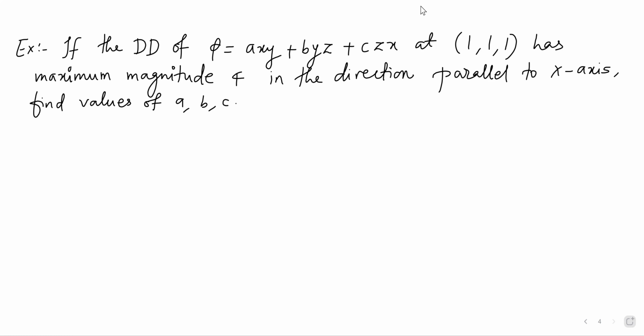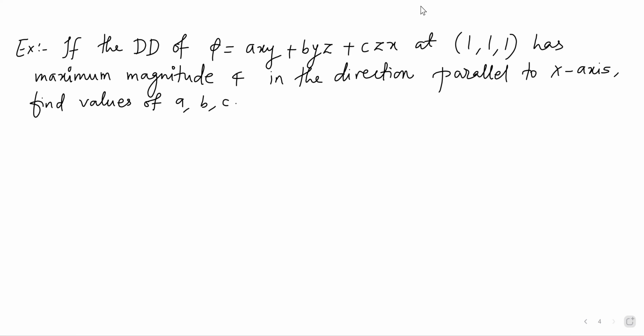That is its direction, and the magnitude is given by taking the mod of that del phi. So what is provided here is that it has a maximum magnitude 4 in the direction parallel to the x-axis.